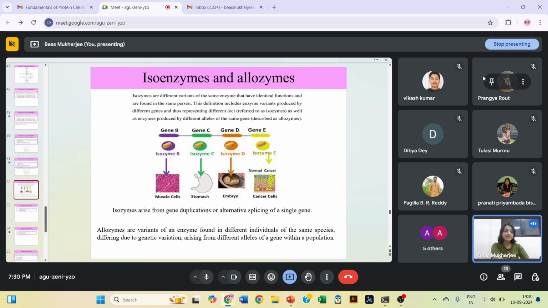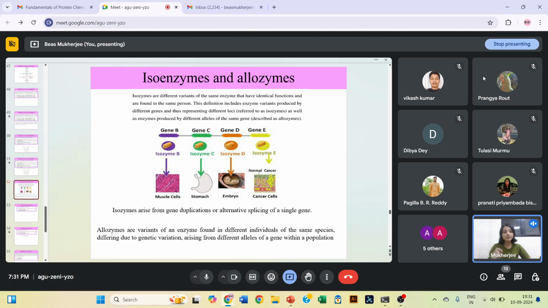Right, so this is also a place from which you get questions. What are isoenzymes or isozymes? Now see, there can be different kinds of events like gene splicing. There can be gene duplications, and because of this, the same gene undergoing duplication gives a similar gene, or there is some kind of alternative splicing giving rise to another gene with a slightly different sequence.